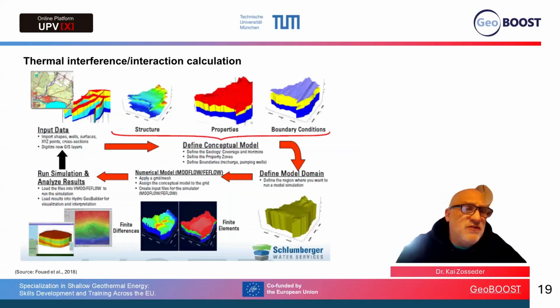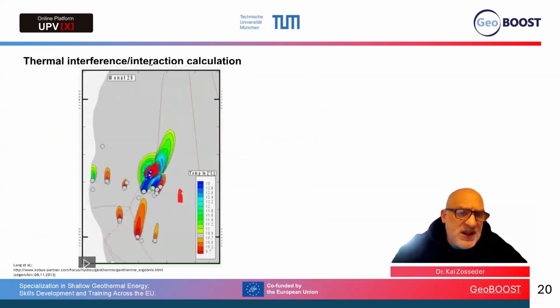You see the same workflow here in another picture. So gathering input data, put up a structure, assign properties and boundary conditions, define the model domain, and then start the simulations, and then compare it again with your measurements. And here you see a picture with a complex situation.